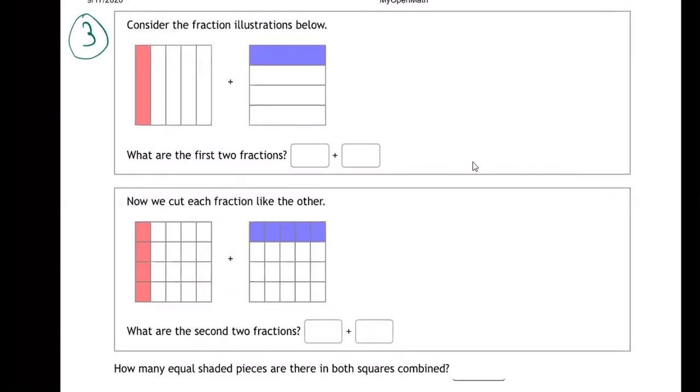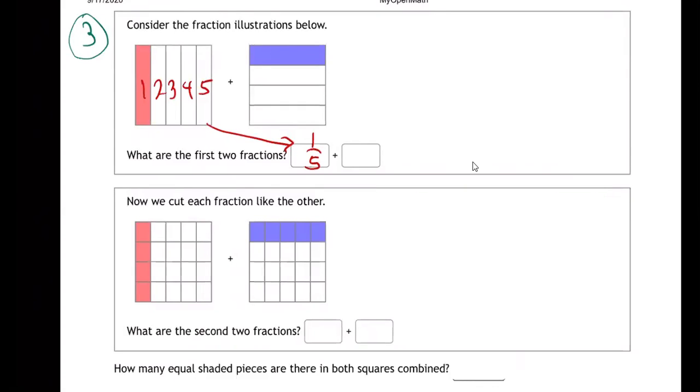What portion of that fraction bar is shaded currently? There are five parts to it, and 1 out of 5, 1/5 of it is shaded, right?